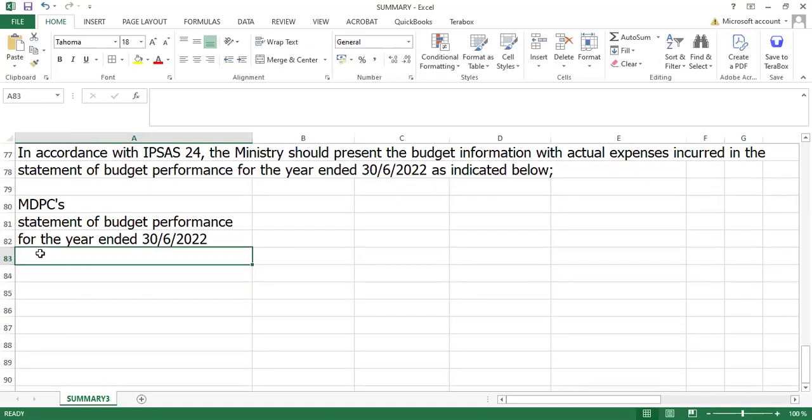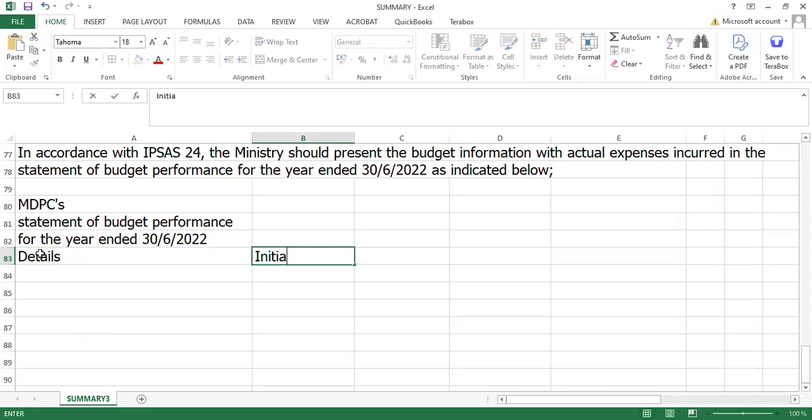So you have the details for the budget items. Then as you do this, you always need the initial budget. You always need to look at the adjustments.